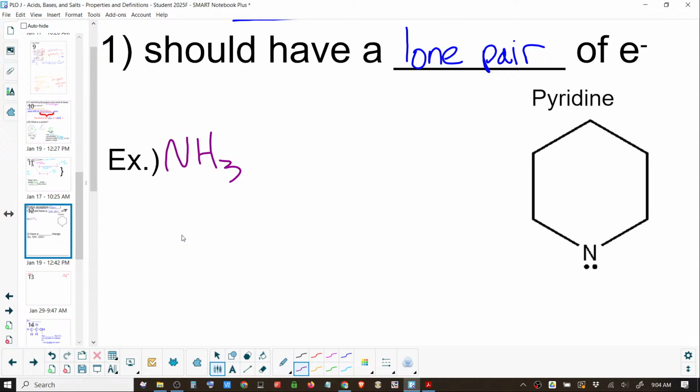Grab a partner and write what you have on the board as fast as you can. Go. Lewis dot diagram.